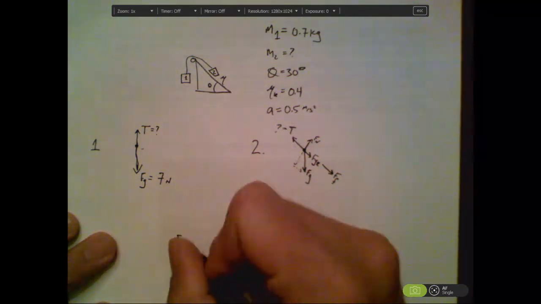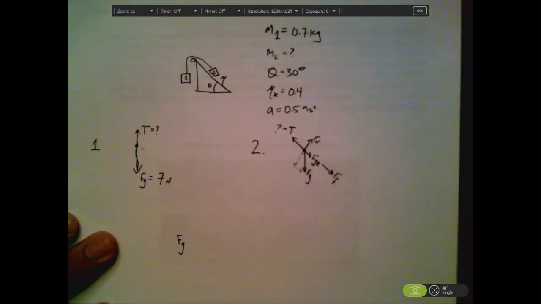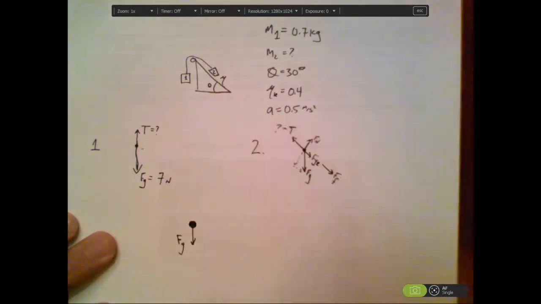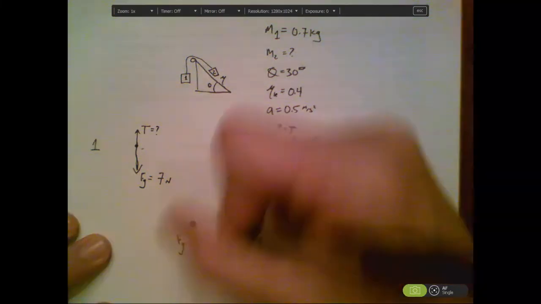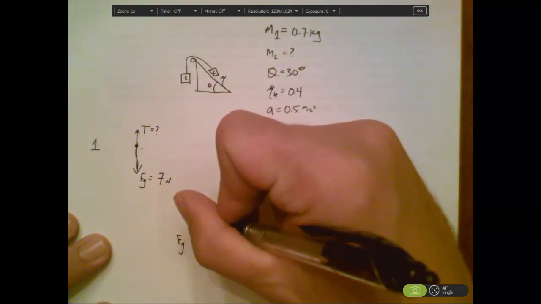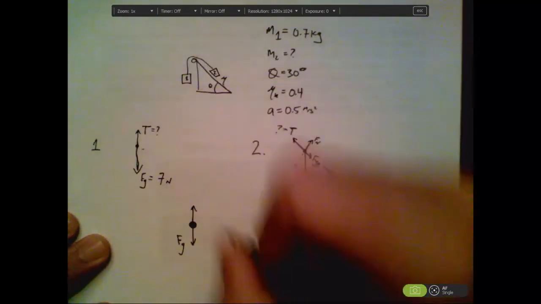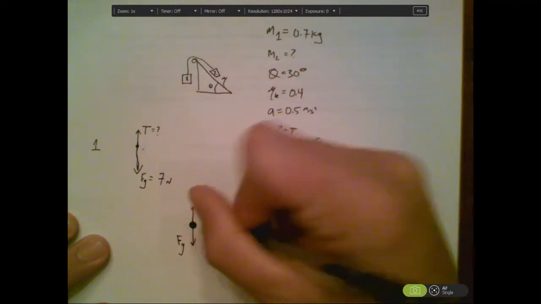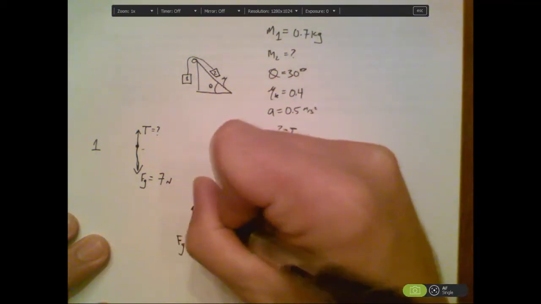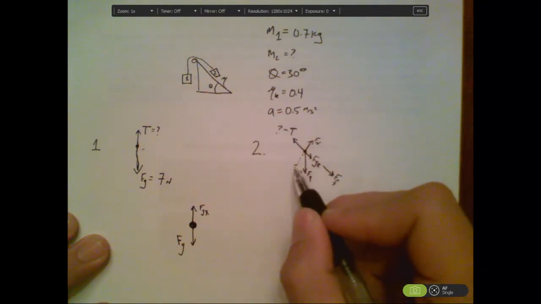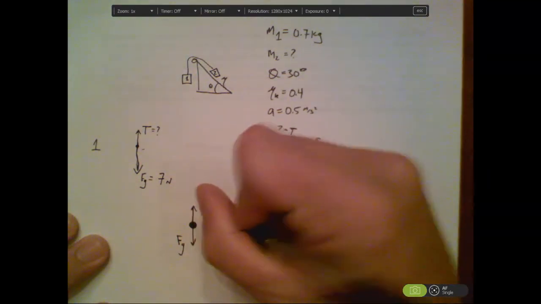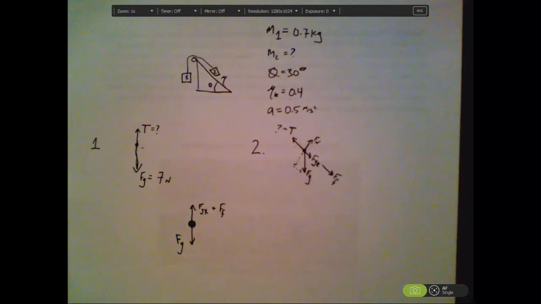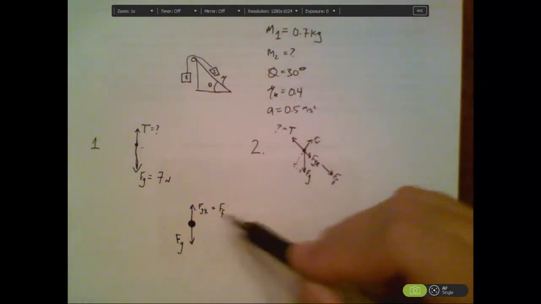Force of gravity is pulling one way, and this dot represents our system. Pulling back the other way is the X component of gravity, this part of gravity, and friction.